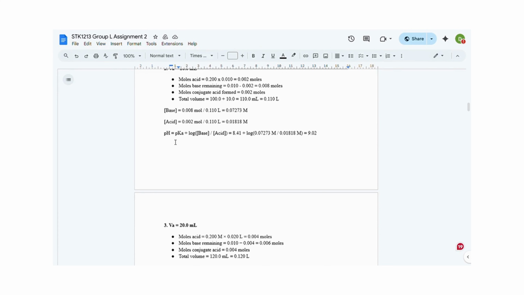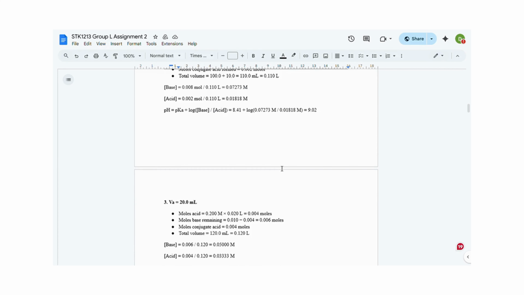And then how to find the pH? We can use this: pH equals pKa plus log of base divided by acid, mole base and mole acid, and we can get 9.02.